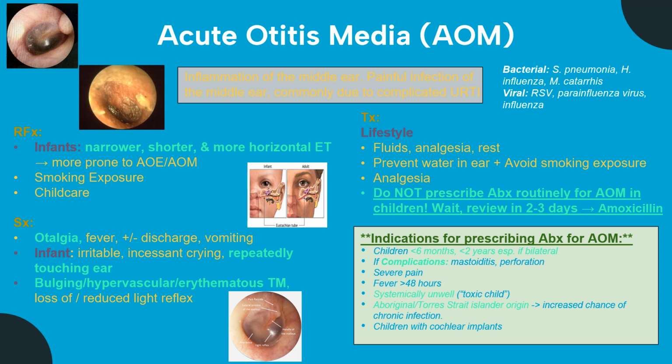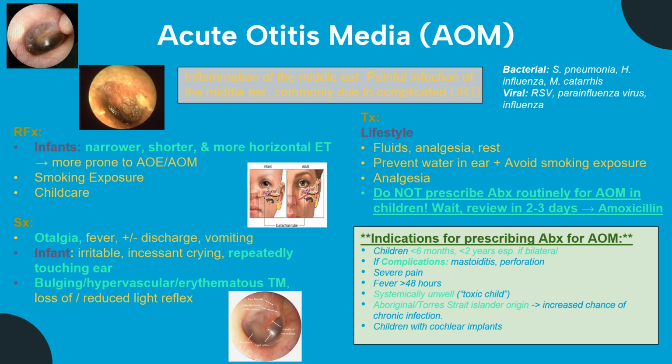In terms of antibiotic indications, children that are less than 6 months of age or less than 2 years of age if bilateral, if they have any complications like mastoiditis, which can be quite serious, leading to things like maybe an osteomyelitis or a meningitis perhaps, any perforation, which can lead to longer term issues.